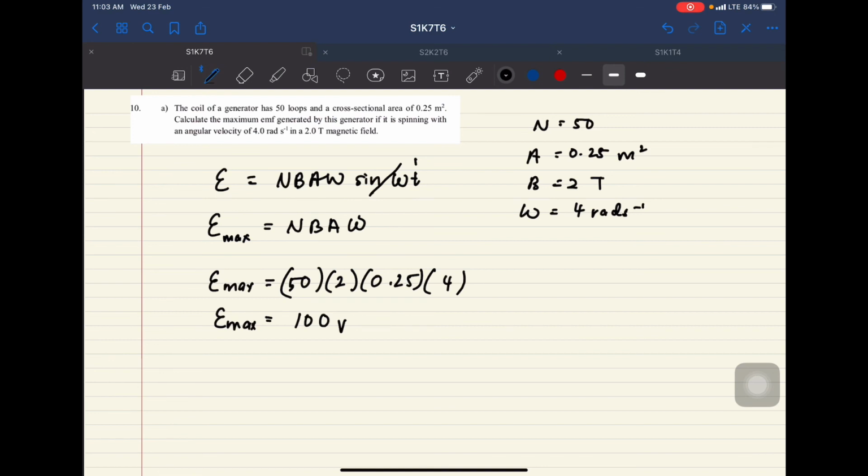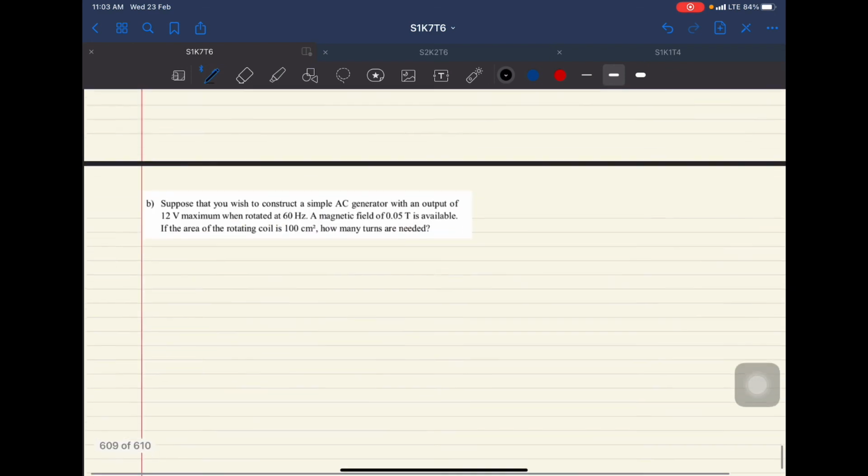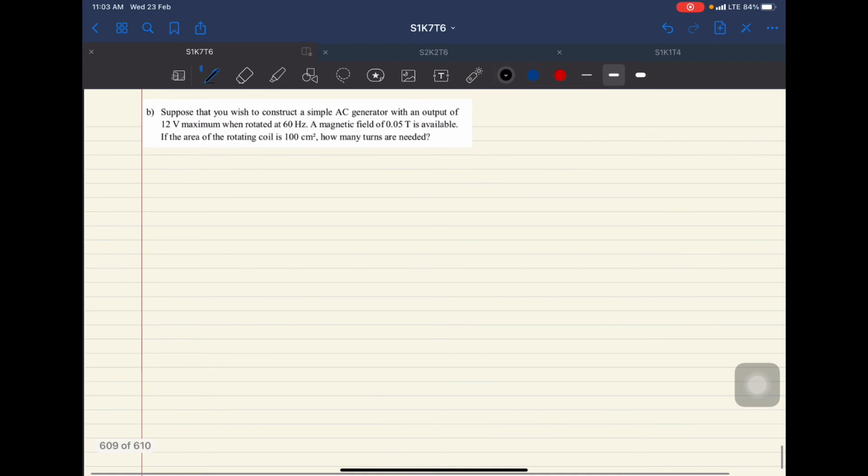Okay. Next question. Question B. Suppose that you wish to construct a simple AC generator with an output of 12 volt maximum when rotated at 60 Hz. The magnetic field of 0.05 Tesla is available. So it says that B is equals to 0.05.